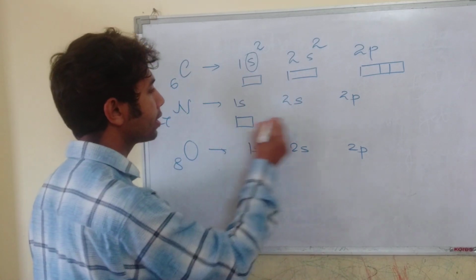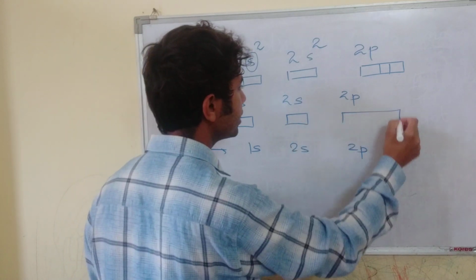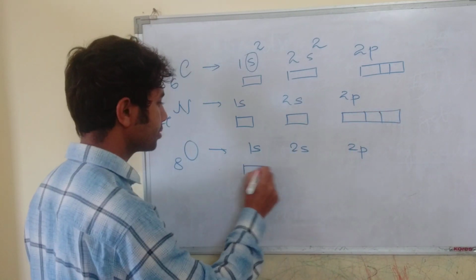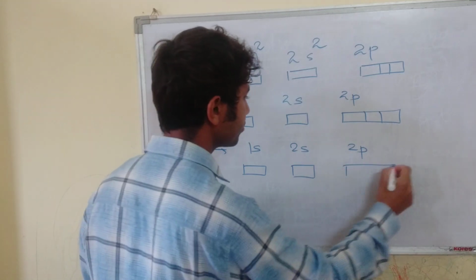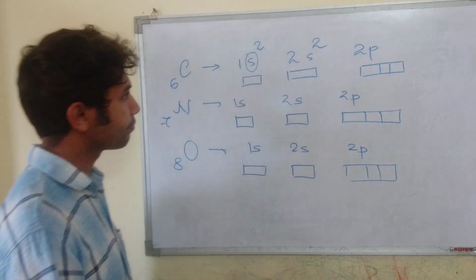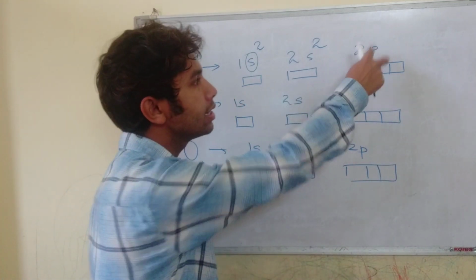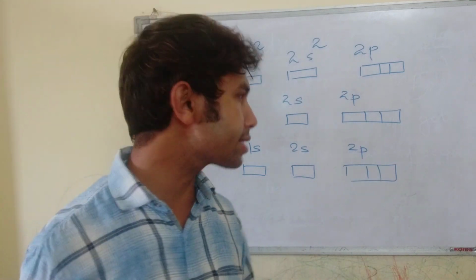Similarly, 1s has only 1, 2s only 1, 2p 3 orbitals. So the p subshell can accommodate a maximum of 6 electrons.